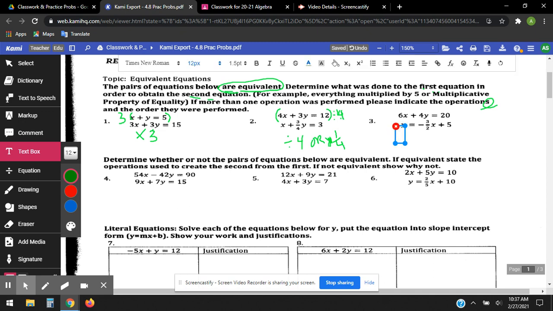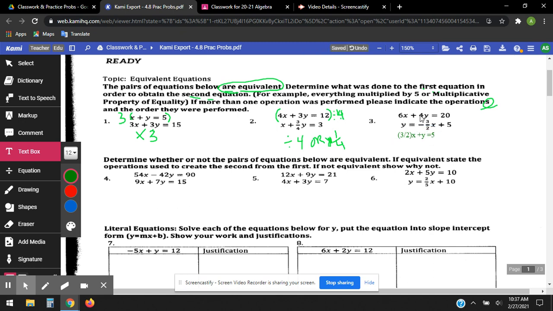So if I add 3/2 x to both sides, I'm going to have positive 3/2 x, plus y equals 5. Give myself a little space in here. I don't like to crowd my numbers. Make them a little easier to read.